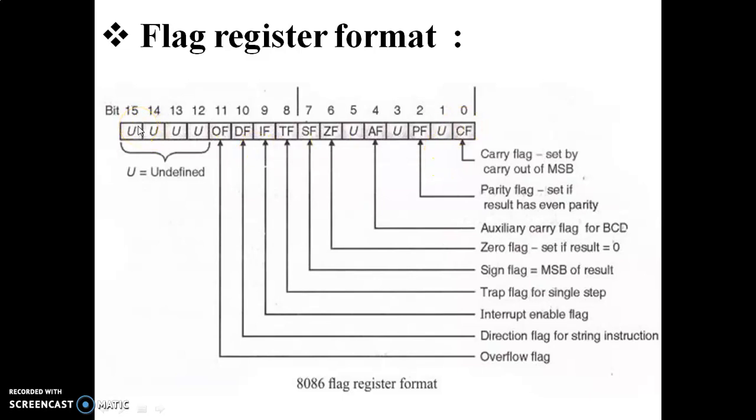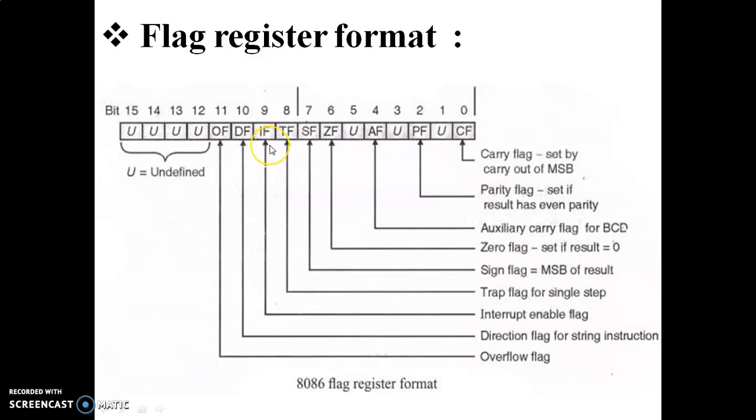Out of these 16 bits, 9 flags are used and 7 flags are unused. If you see here U, this stands for unused, or it could also be called as undefined. Now these are used ones, CF, PF, AF, likewise.